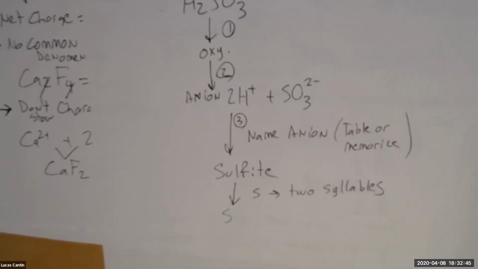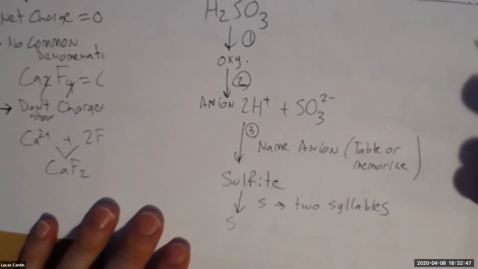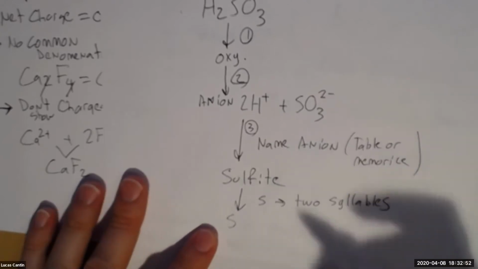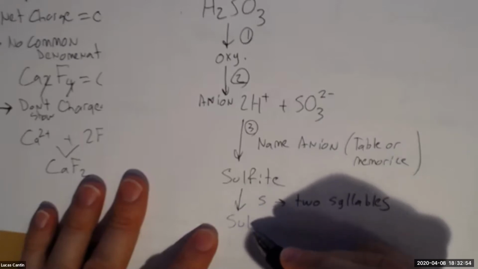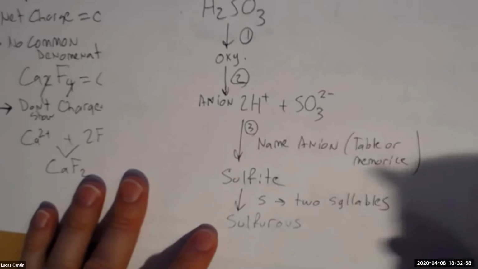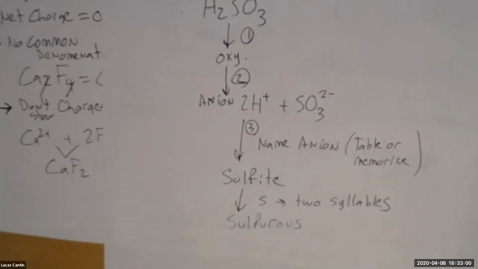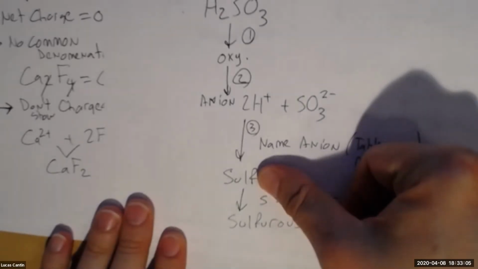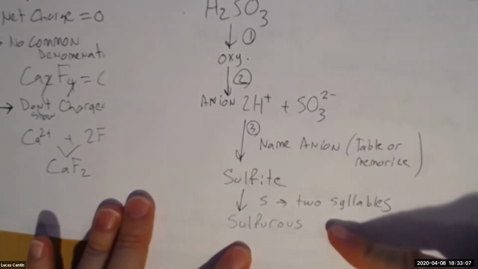I'll flip back to the other one, because the phosphate was, let's see where the syllables came in with that. So this is actually sulfurous. I don't say sulfus acid. Normally you remove the ite and you add us, but with sulfur, you get 2 syllables.